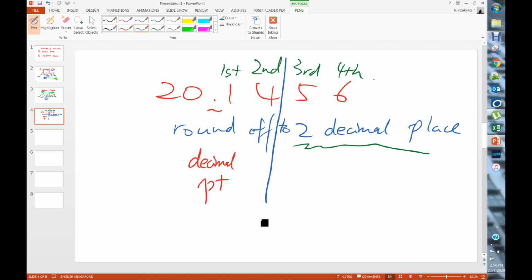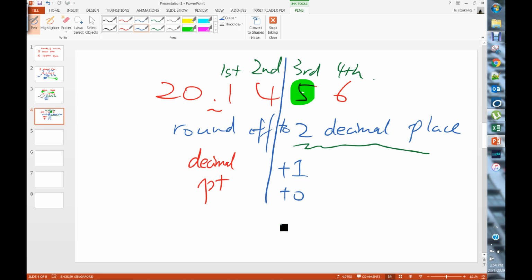Once you stop here, you draw a line here. Because you round off here, you want to stop at the second place, and then you need to look at the third place, whether this third place will help you add a 1 or add anything. There is no minus.